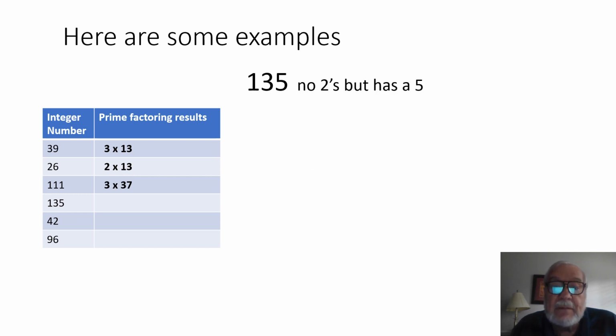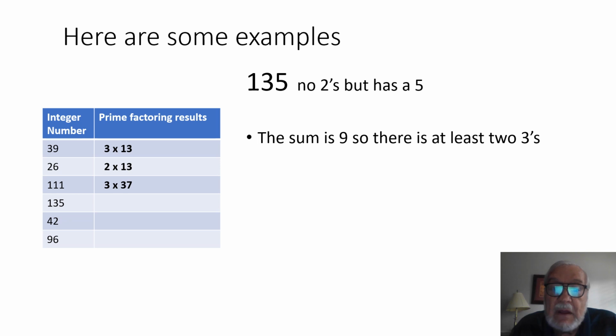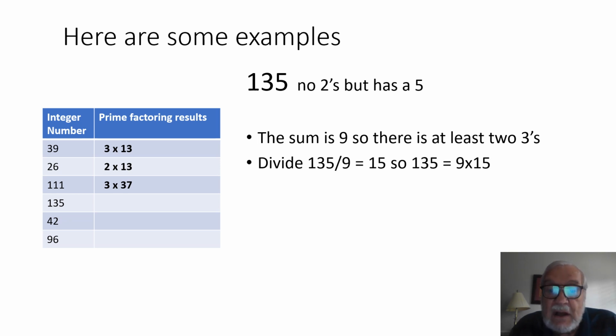Right, now the next number is 135. There are no 2's because of the 5, but there is at least one 5 there. All right, the sum of 1 plus 3 plus 5 is 9. That means there are 2 3's in there also. So I'm going to choose to divide by 9 and say 135 divided by 9. 9 goes into the 13 one time, 4 left over. 9 goes into 45 5 times.